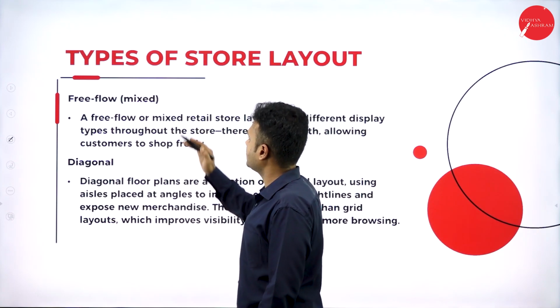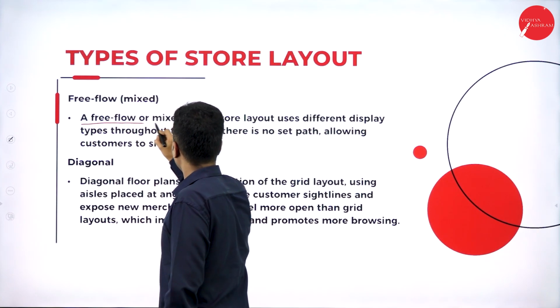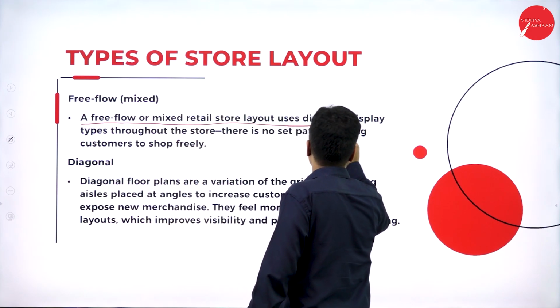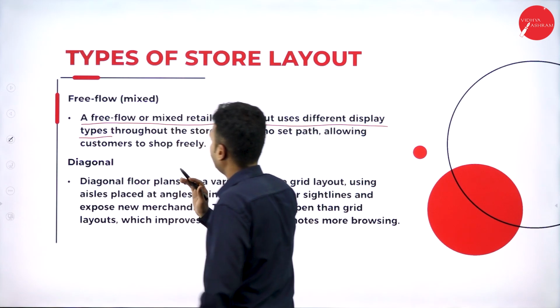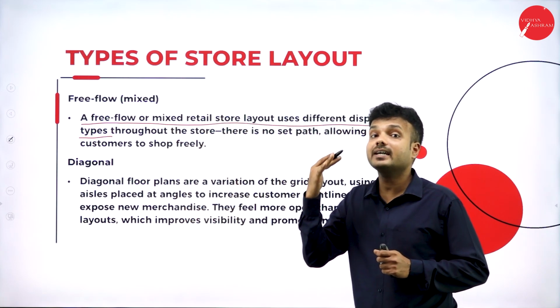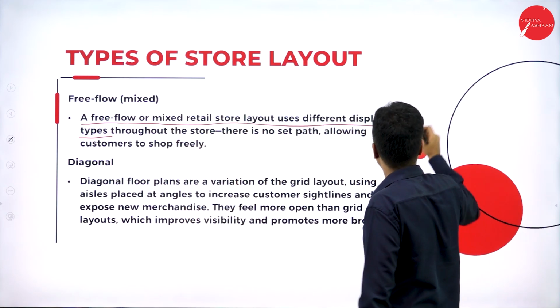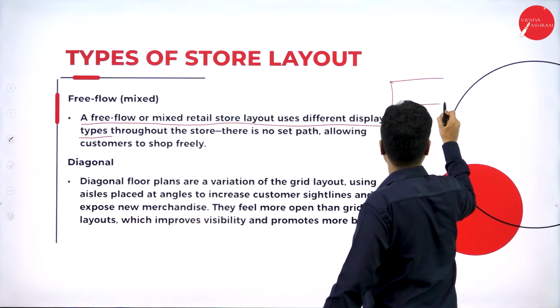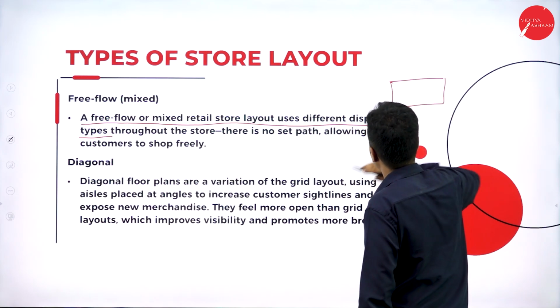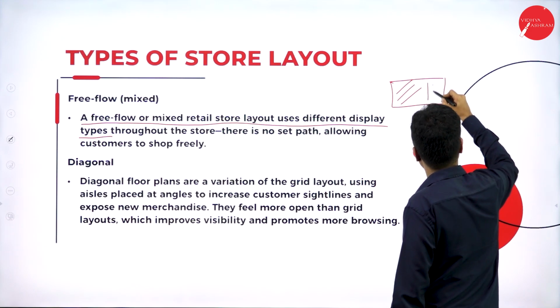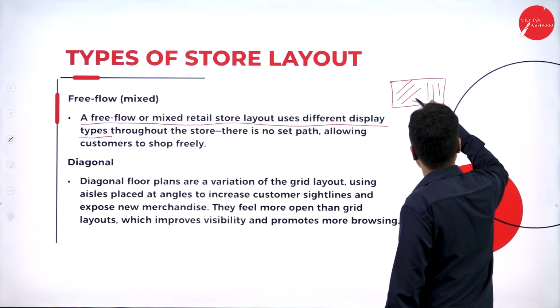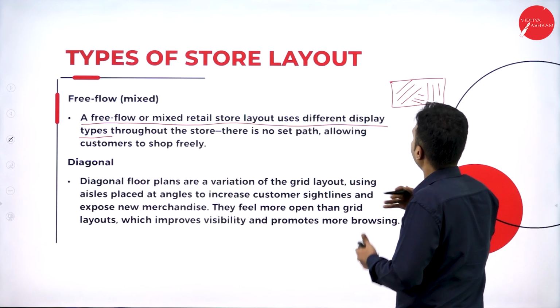Free flow or mixed path. A free flow or mixed retail store layout uses different display types. So it is going to use different kinds of display types. For example, there is no proper arrangement of the products. He may arrange the racks in this way, or in this way, or in this way. So it is like free flow.